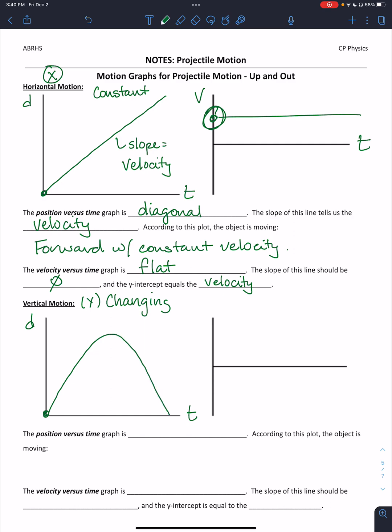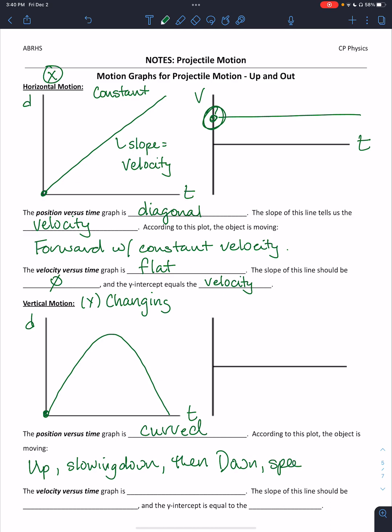So we're going to get a curved line that looks like this, a rainbow shape. According to the plot, the object is moving up, slowing down, then moving down and speeding up.